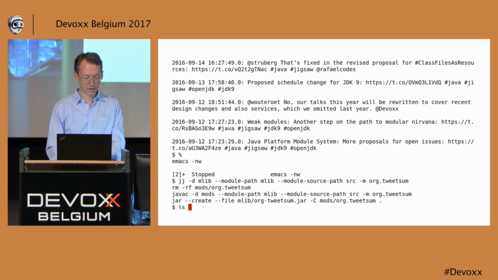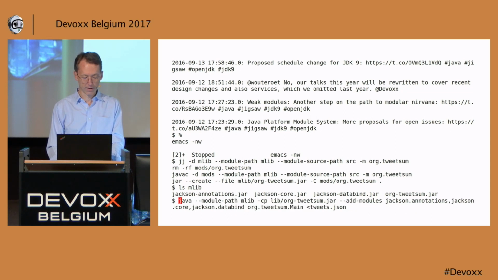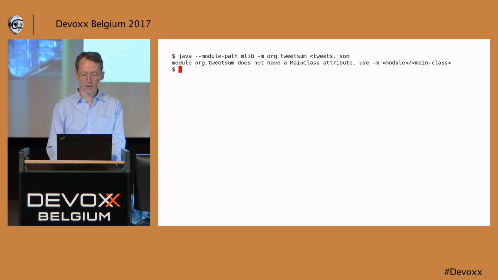And now we've got in mlib 4 modules, explicit modules, and we can run everything right there. We don't need the class path, don't need to say add modules. Now everything is in a module.